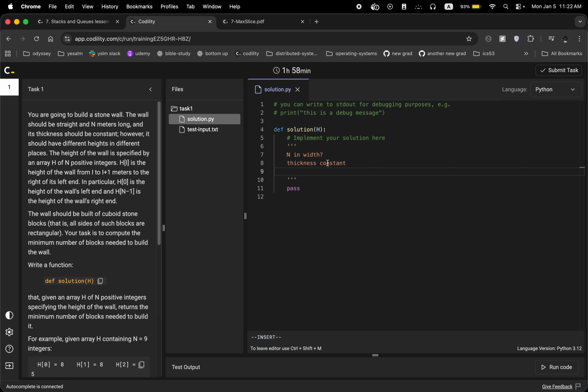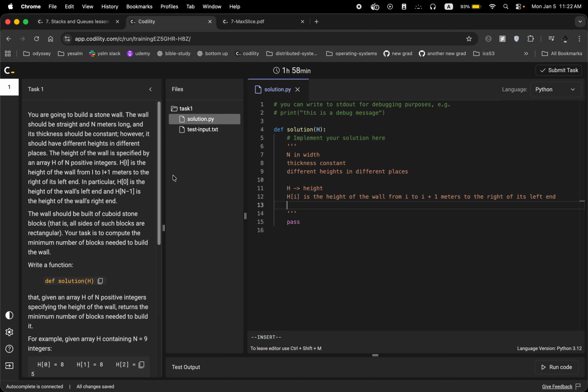I see, so n in width, with different heights in different places. The height of the wall is specified by an array h of n positive integers. h[i] is the height of the wall from i to i plus 1 meters to the right of its left end.